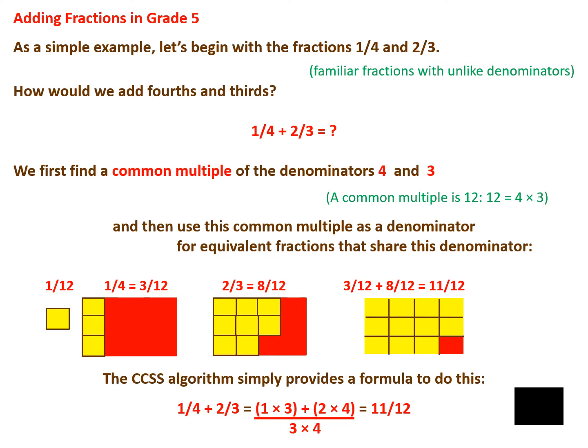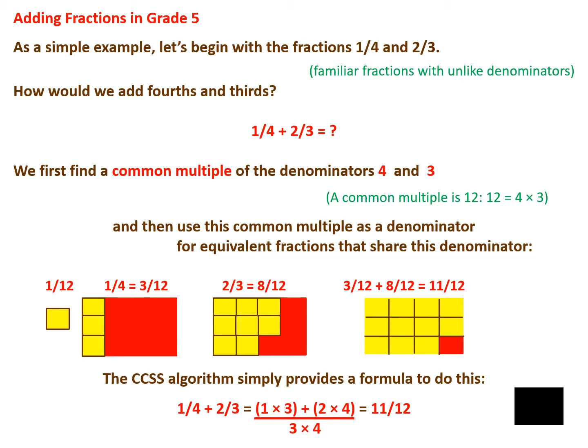At the bottom of this slide, we have the area models that show that 1/4 is equal to 3/12 and 2/3 is equal to 8/12. When we add 3/12 and 8/12, we find that the sum is 11/12, expressed in this area model.